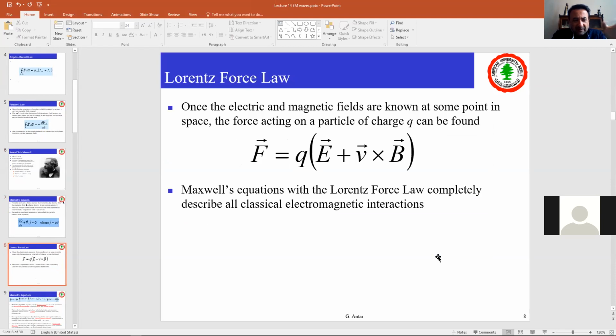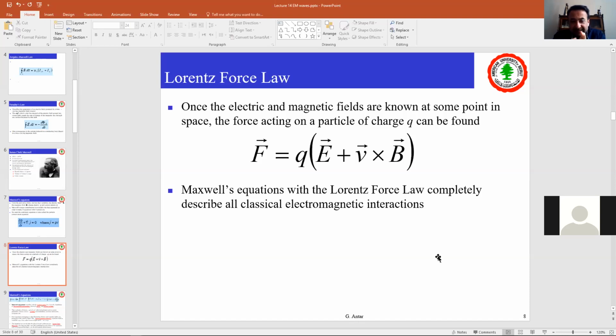I would like to remind you, before I continue to the Maxwell equations, that if I have a charged particle in an electric field and a magnetic field, the general force which acts on this particle is called the Lorentz force, and it's equal to the charge Q multiplied by E plus V cross B. QE is the electrostatic force and QV cross B is the magnetic force caused by the magnetic field acting on the charge in motion, where V is the velocity of the charge.